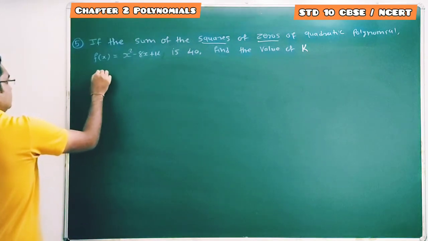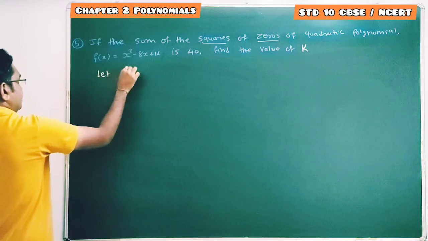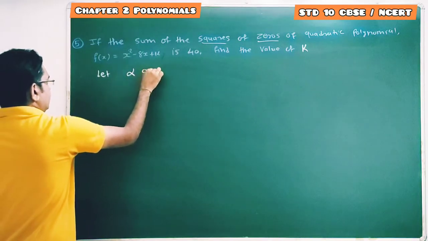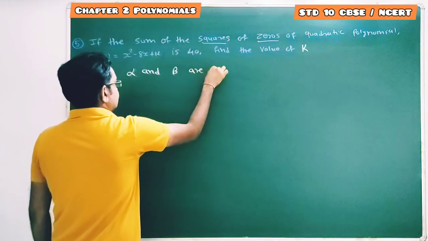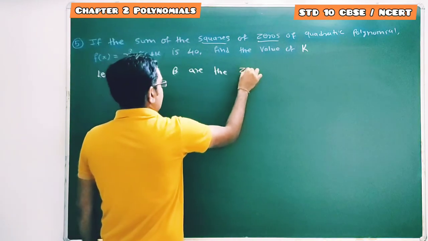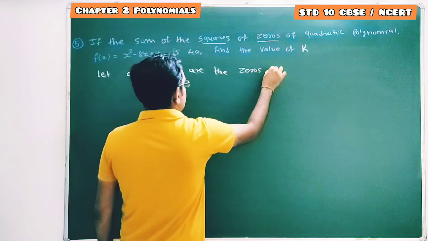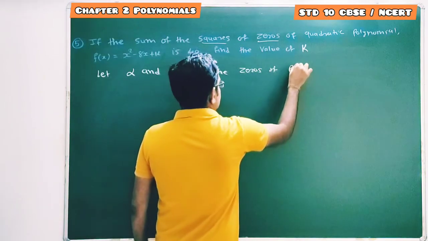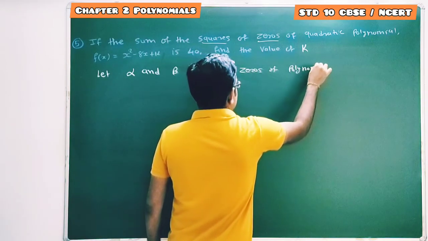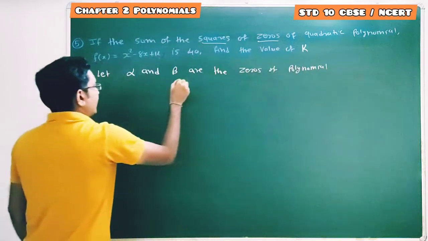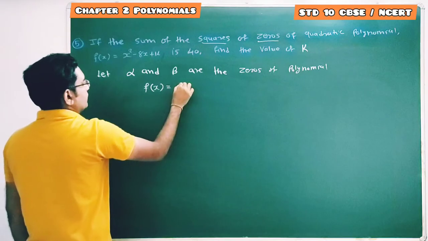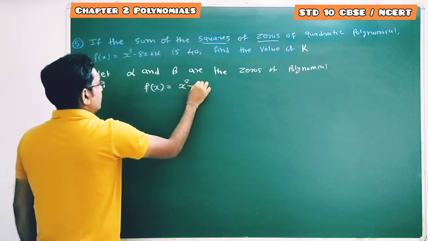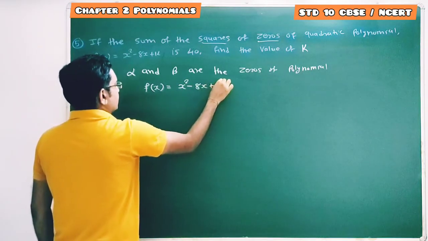So let's say alpha and beta are the zeros of the quadratic polynomial f of x equal to x square minus 8x plus k.